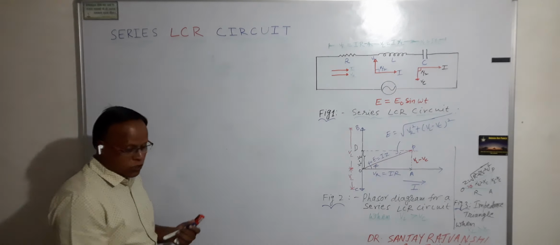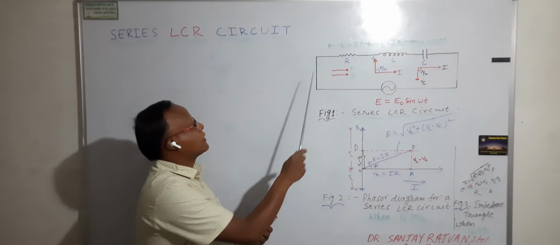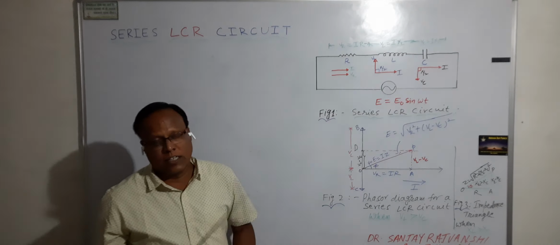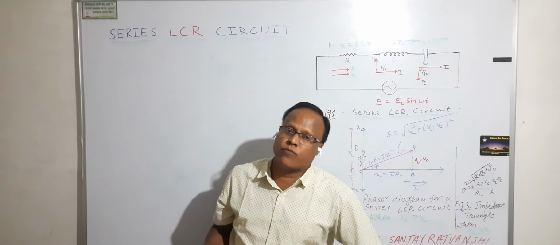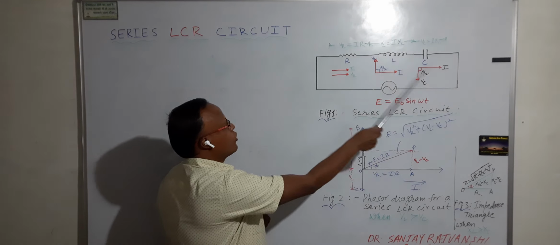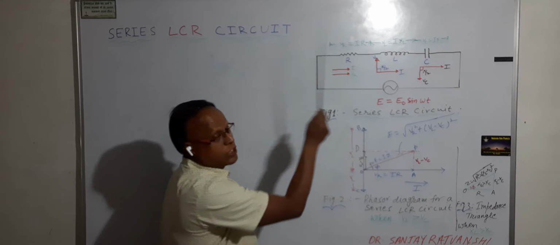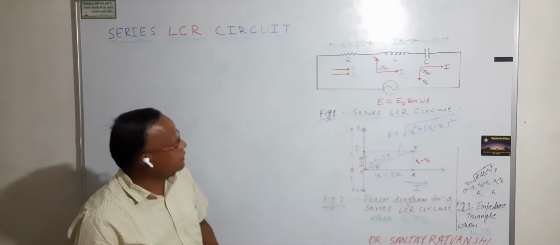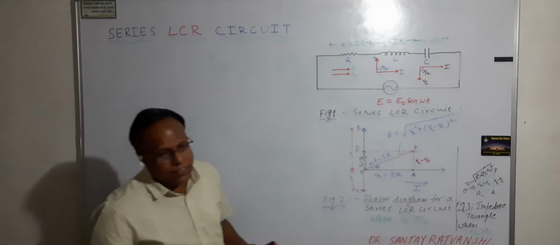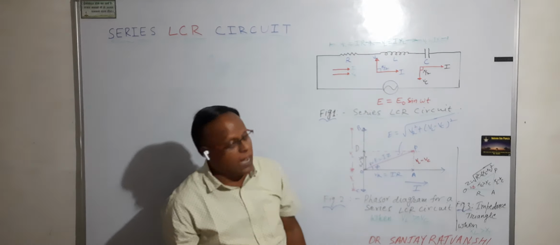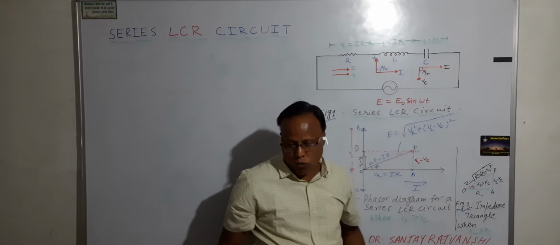The voltage across the resistor is between these two points. According to Ohm's law, V is equal to IR. With current I flowing through it, VR is equal to IR, VL is equal to IXL, and VC is equal to IXC.